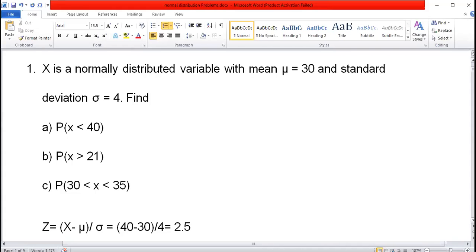Go ahead and do B and C. If you need the table, take your book or tell me. First, you write this thing in a notebook. You should be able to write it in 1 minute. Mu is given, sigma is given, then you write B and C.